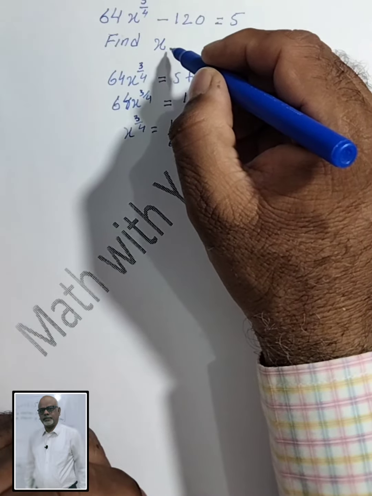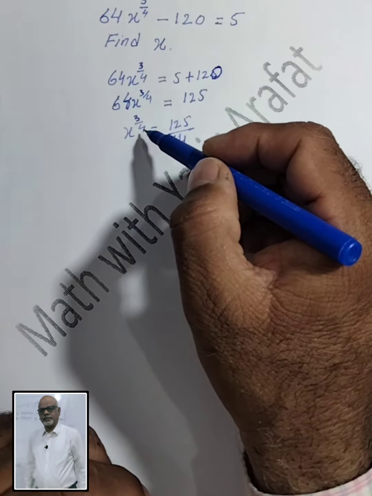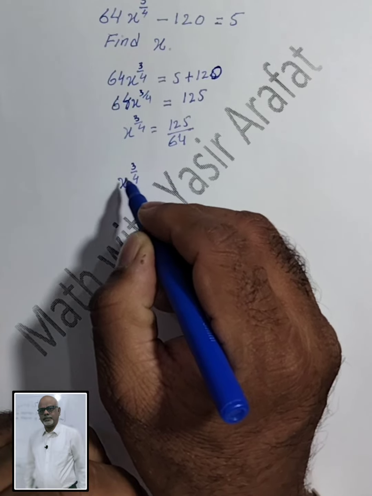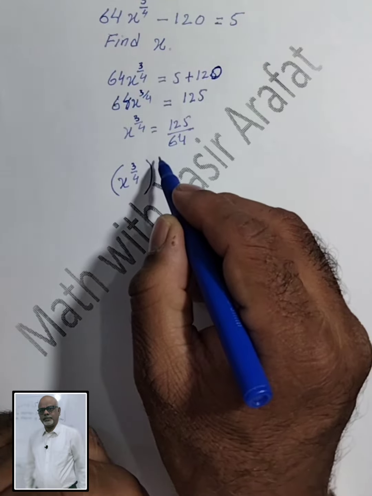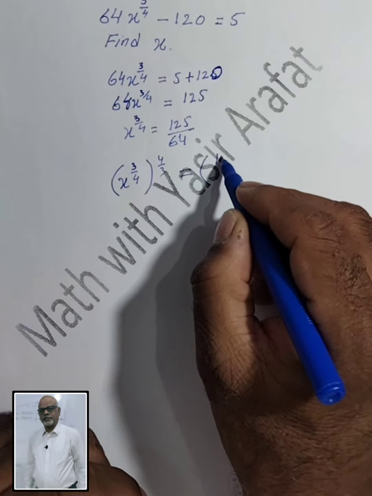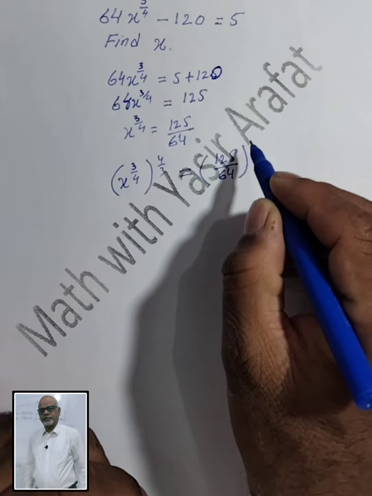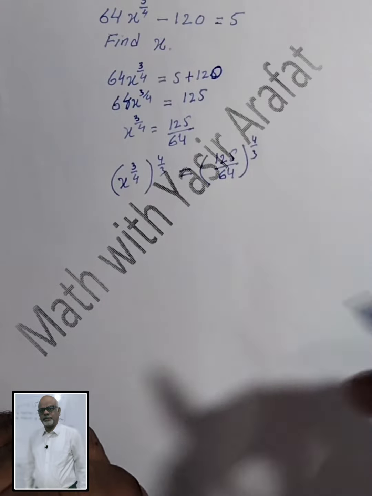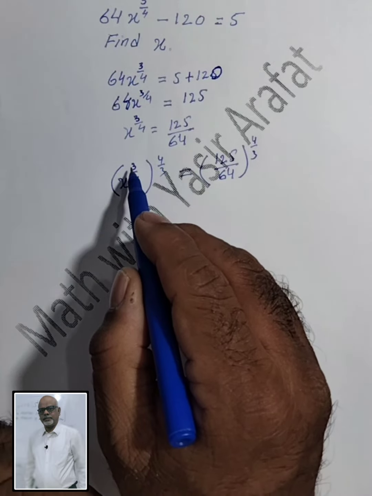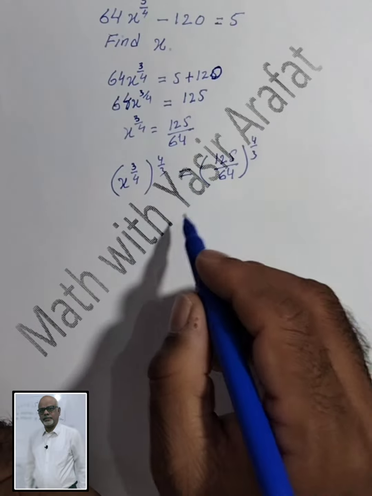In this question we have to find the value of x, but x has the power 3 upon 4, so we have to take the reciprocal of this power, 4 over 3, on both sides.